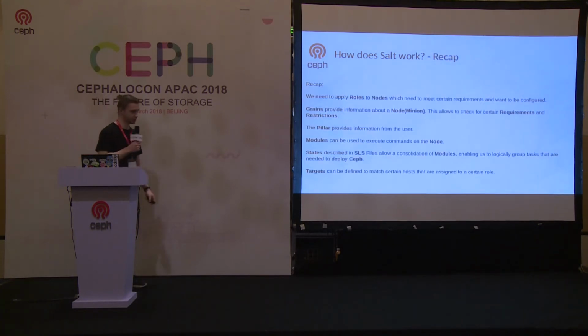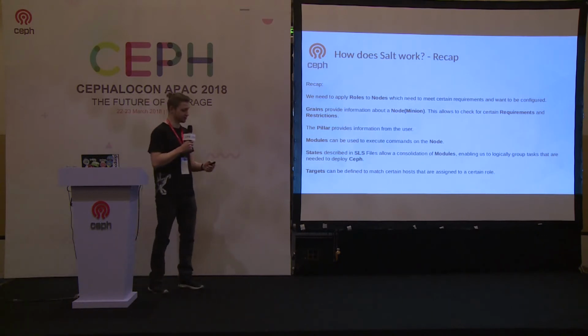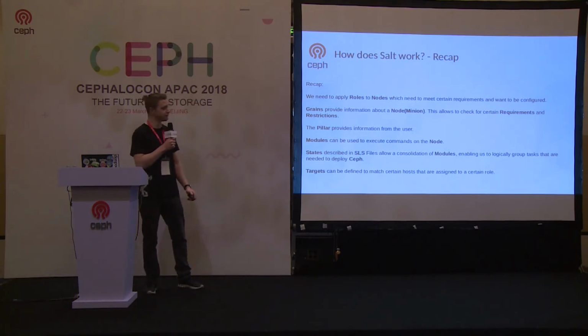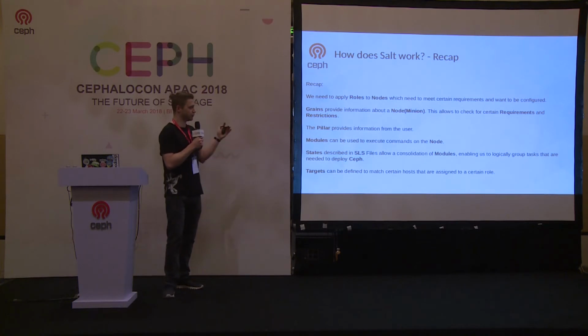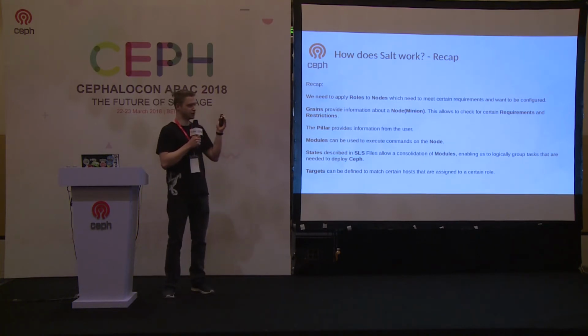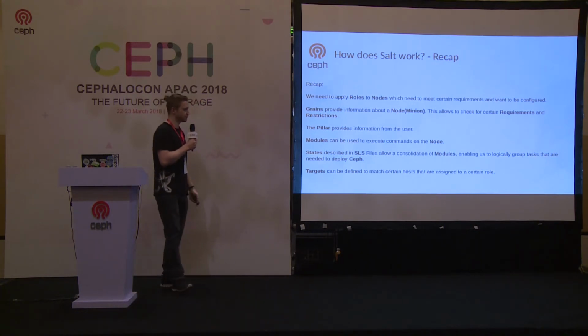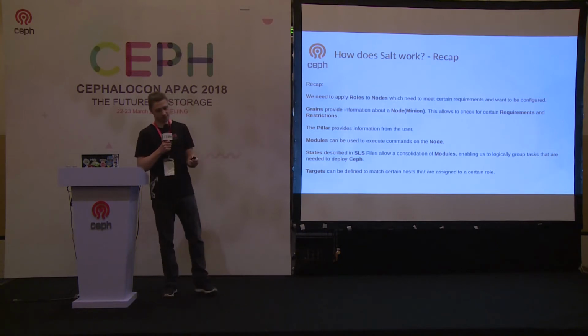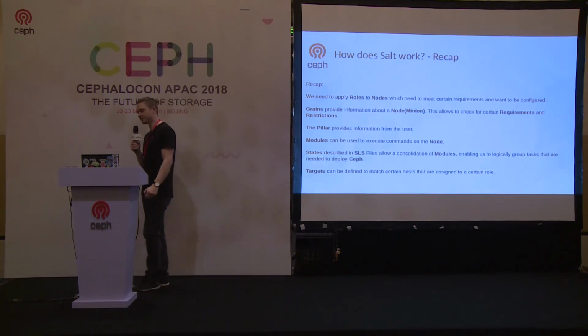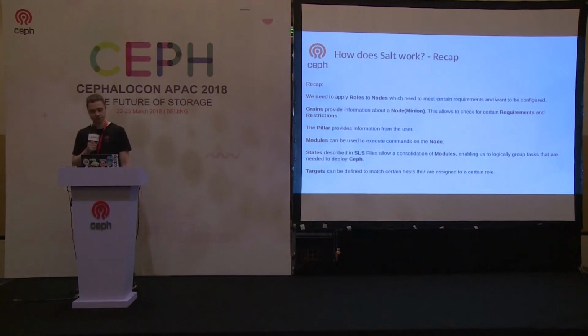But first, let's recap, because it was a lot of information. We need to map roles to certain nodes in order to meet our requirements, and we have grains that provide us information about different nodes, and that also allow us to check the requirements.